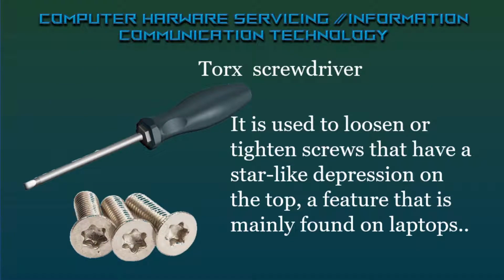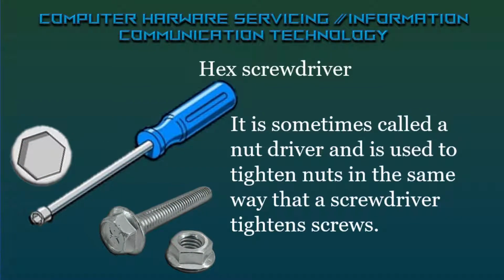It is used to loosen or tighten screws that have a star-like depression on the top, a feature mainly found on laptops. Hex screwdriver. It is sometimes called a nut driver and is used to tighten nuts in the same way that a screwdriver tightens screws.